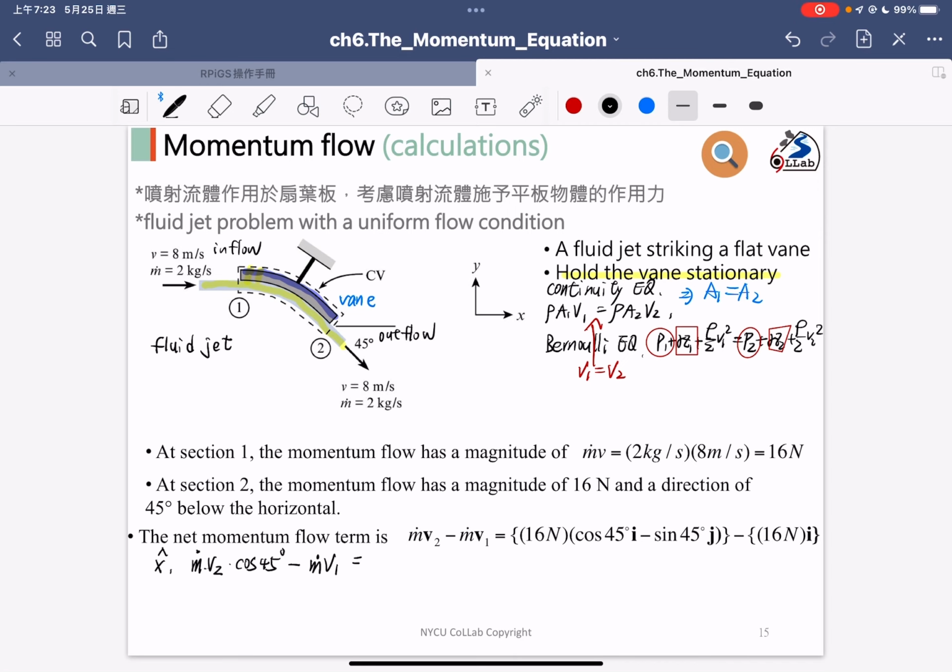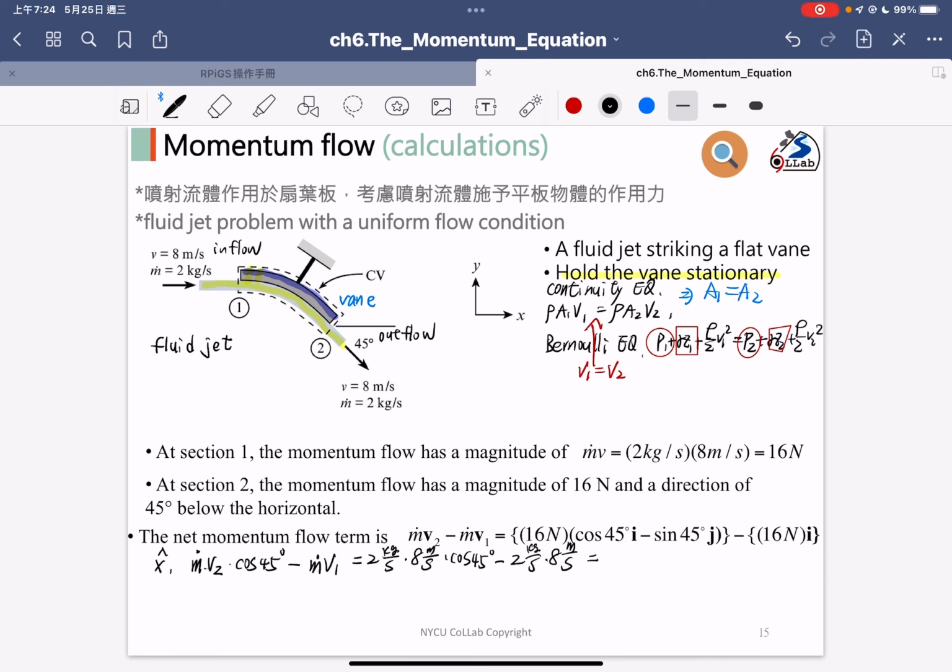So we can put the numbers inside. The mass flow rate is 2 kilograms per second, multiplied by the V2 velocity of 8 meters per second, multiplied by cosine 45 degrees, minus 2 kilograms per second multiplied by V1, which is also 8 meters per second.